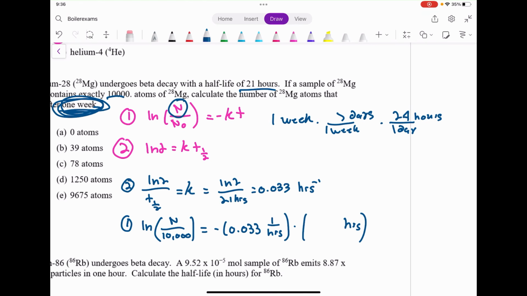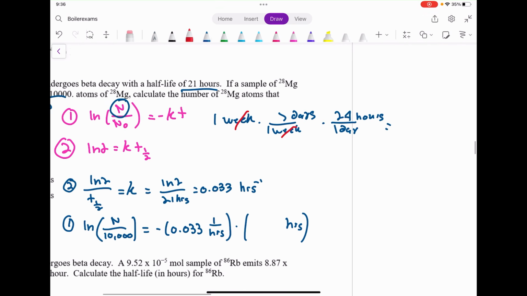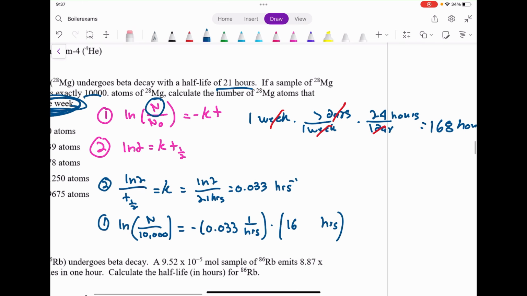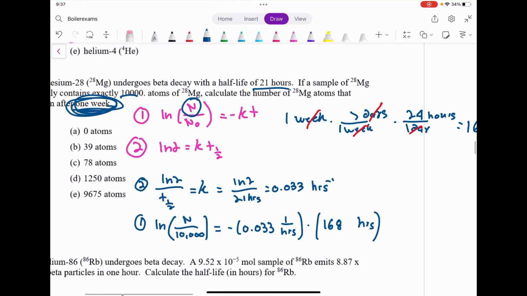Maybe you know what this number is off the top of your head. I don't, so I'm just going to convert this. The weeks would cancel, the days would cancel. Yeah, there's 168 hours in 1 week. I just did 24 times 7. So we're looking for 168 hours.